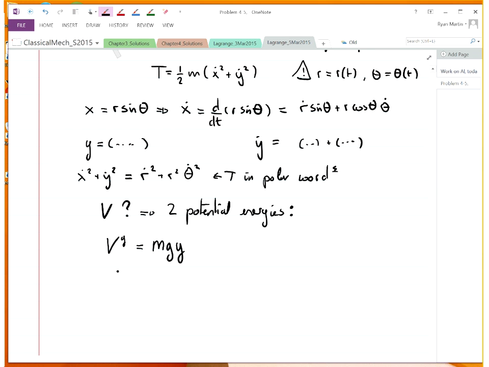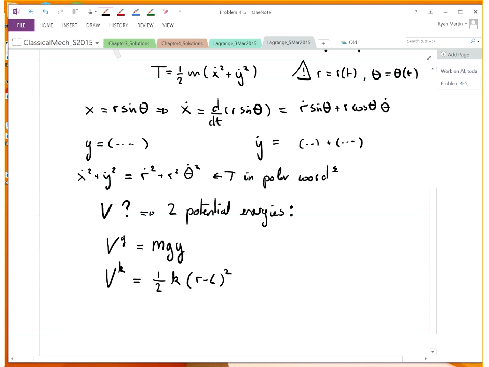Then we have a second potential energy, which is that of the spring, and we call that V superscript K. So the mass has an energy that's due to the extension or the compression of the spring. So that energy will be a half K, and then the extension of the spring in our generalized coordinates is R minus L squared.